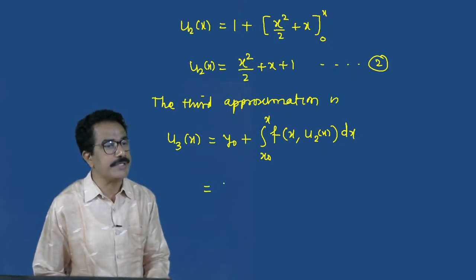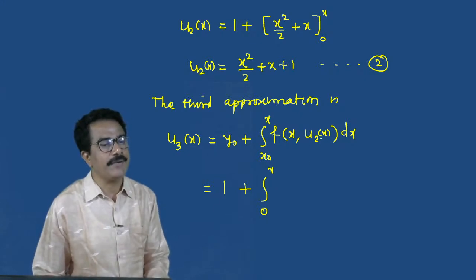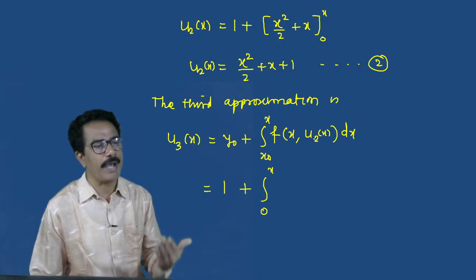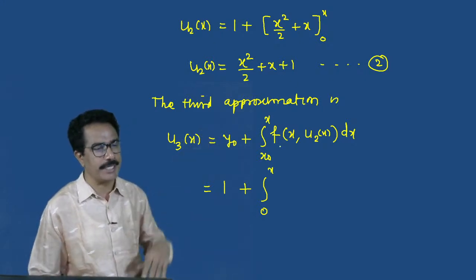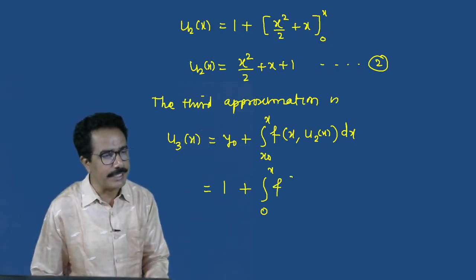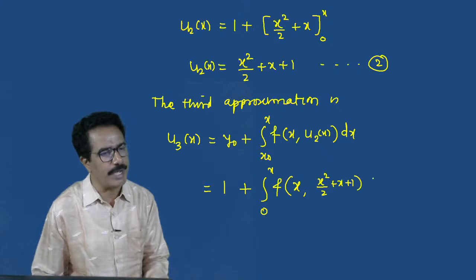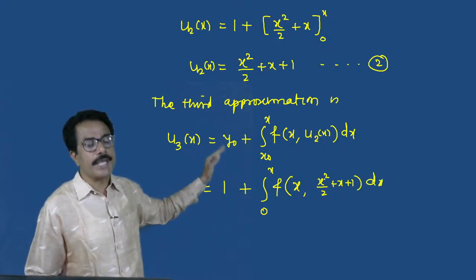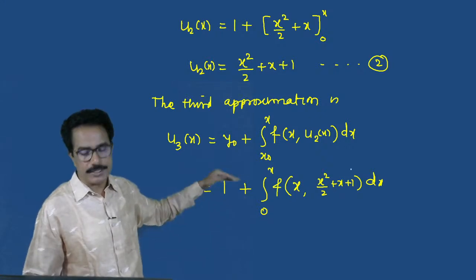That means y0 means 1, plus integral from 0 to x of f of x comma y, where in place of y we put u2. So we can write f of x comma x square by 2 plus x plus 1 dx. That means in place of y put x square by 2 plus x plus 1.